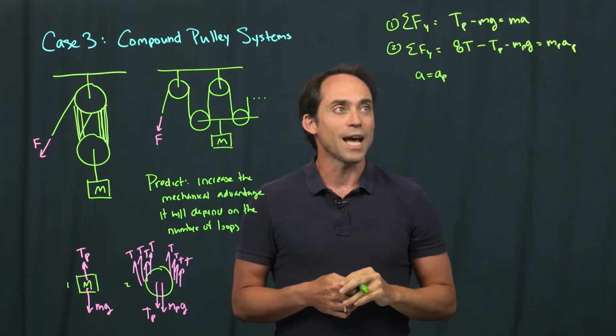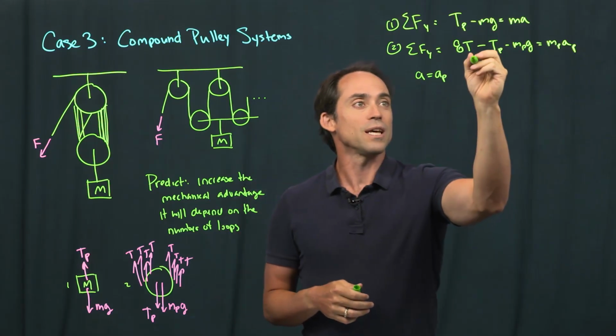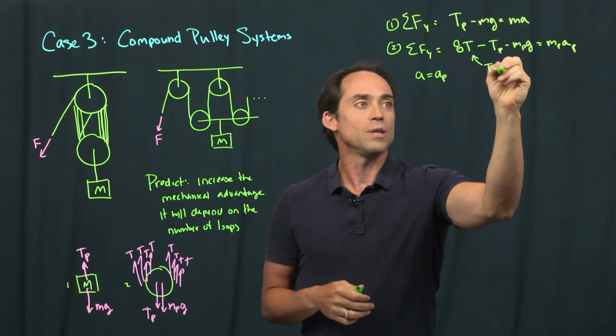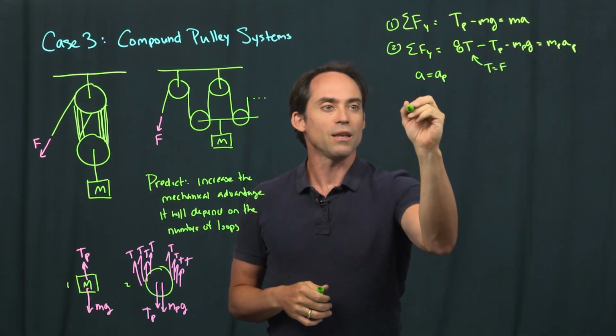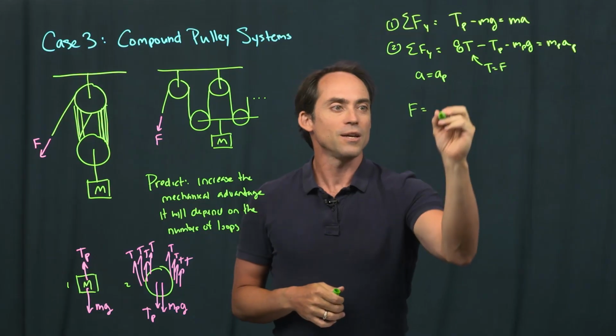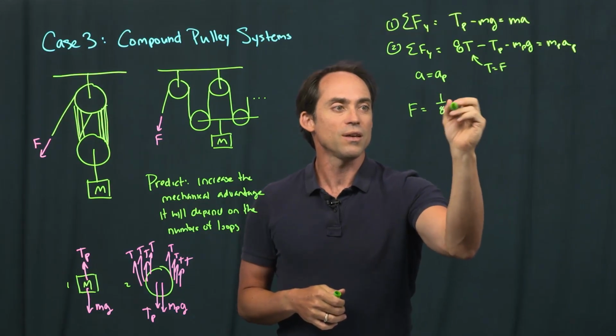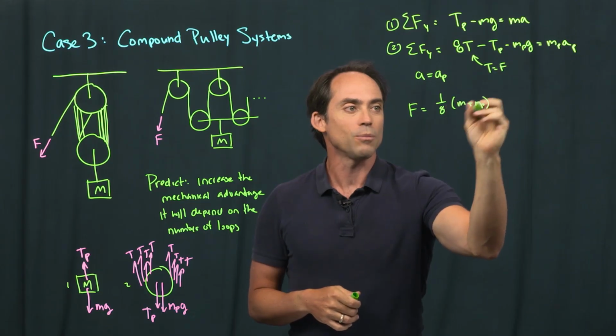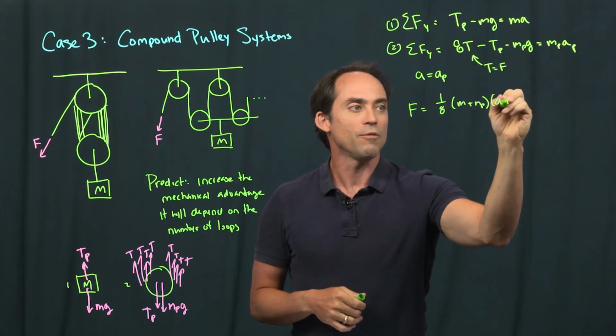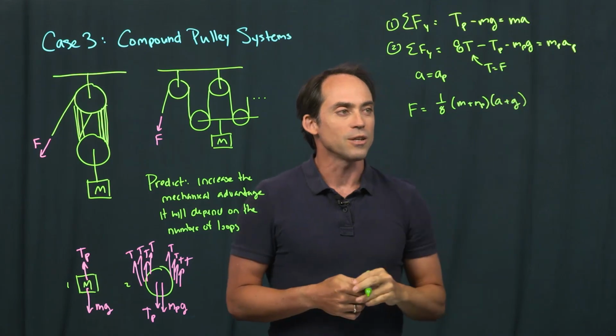And in fact, what we get out in the end, and noting of course that the tension is equal to the applied force, which is what we always get from the endpoint there, is that the force applied is going to equal 1/8 times the sum of the masses of our weight and our pulley wheel times the sum of their acceleration plus surface gravity.